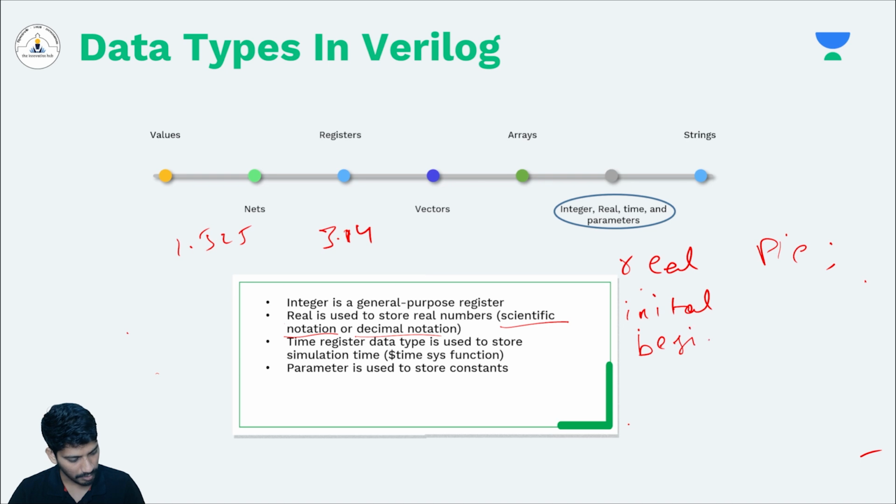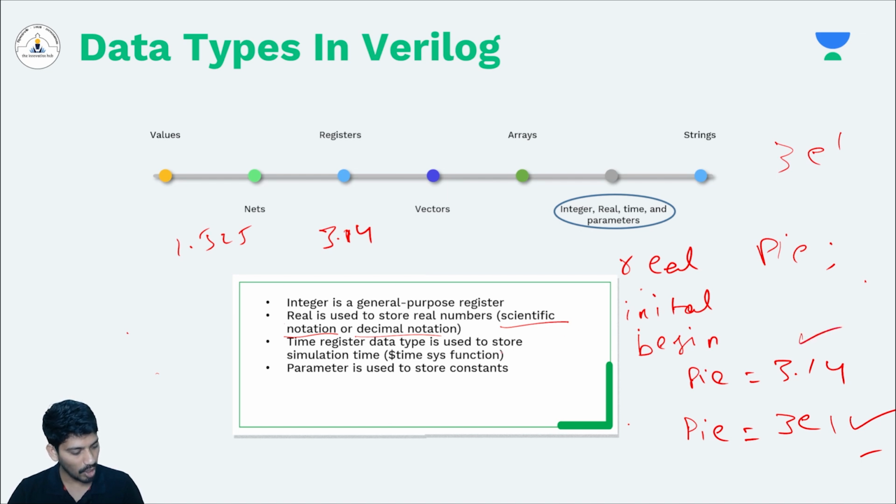begin. I'm writing multiple lines of code. So inside begin, I can write pi = 3.14, or I can write pi = 3e1, which means a value of 30. This is scientific notation and this is normal decimal point notation.